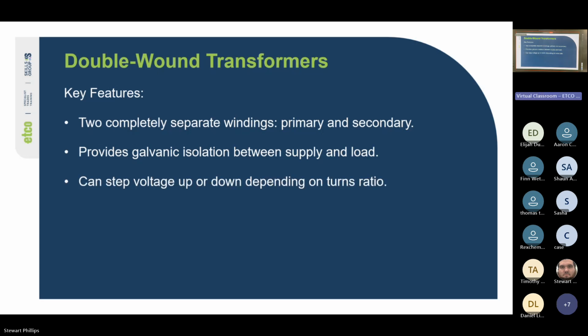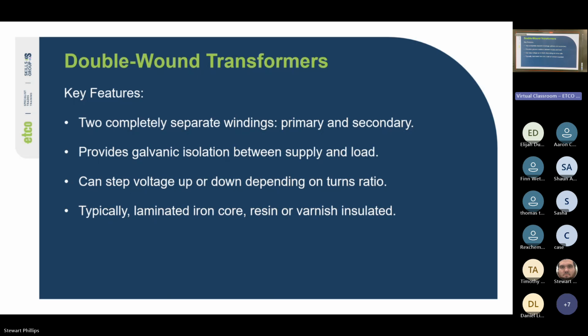It can be used to step the voltage up or down depending on the turns ratio. Specifically for a double wound, we're usually talking about a step up or down transformer because it's not an isolating transformer. These are used from anywhere from the HV lines all the way down to the transformers for our microwave ovens.